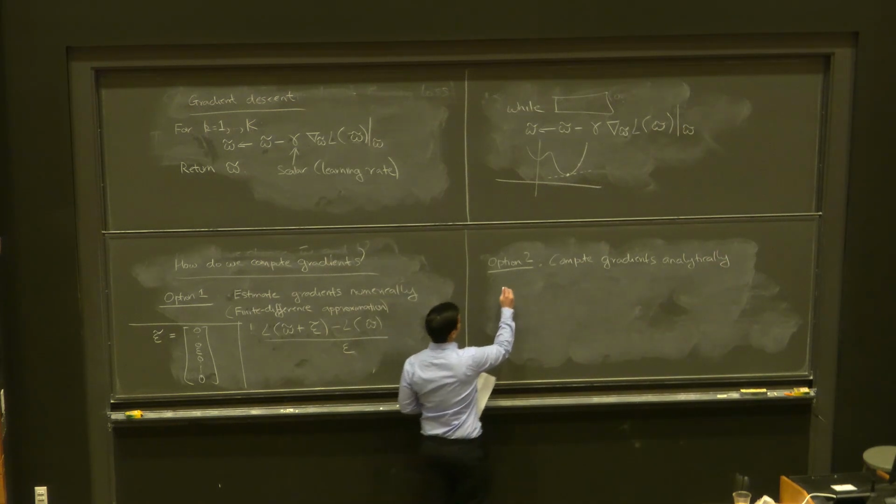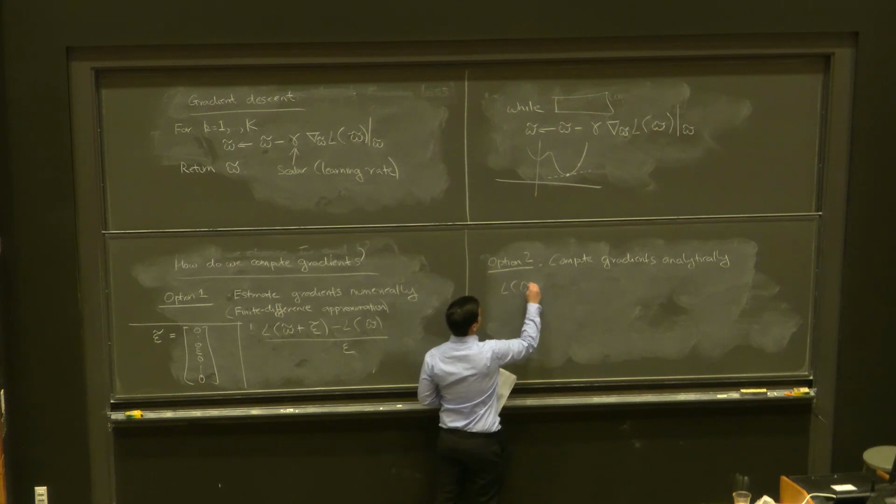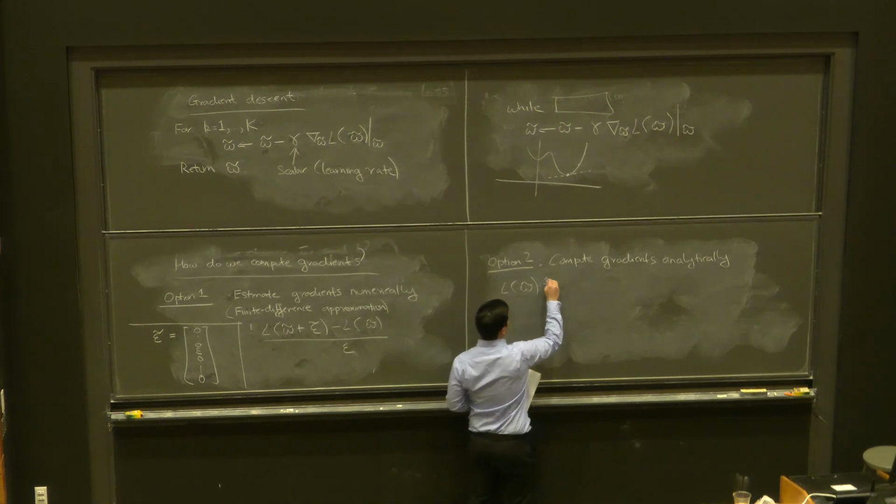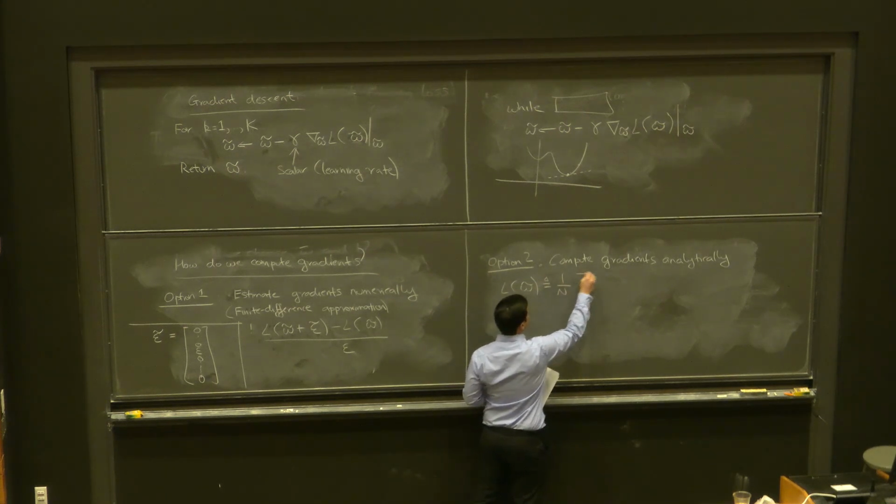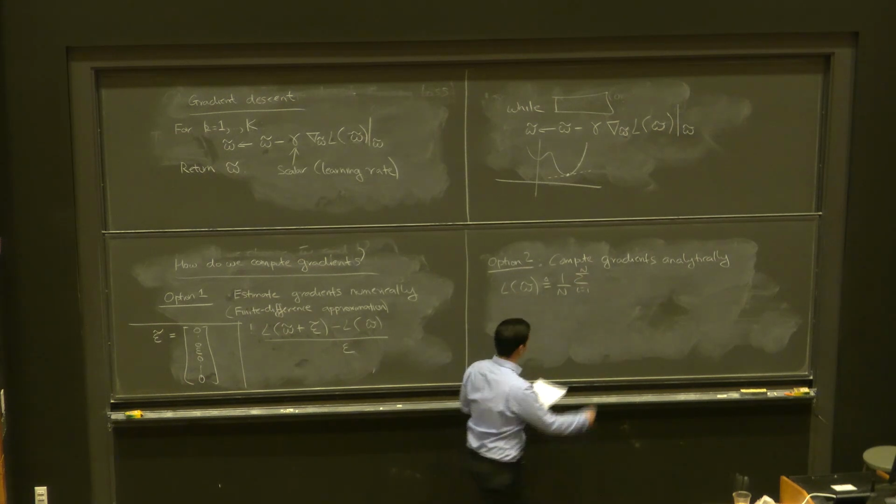So the training loss we defined as the average loss across our training examples.